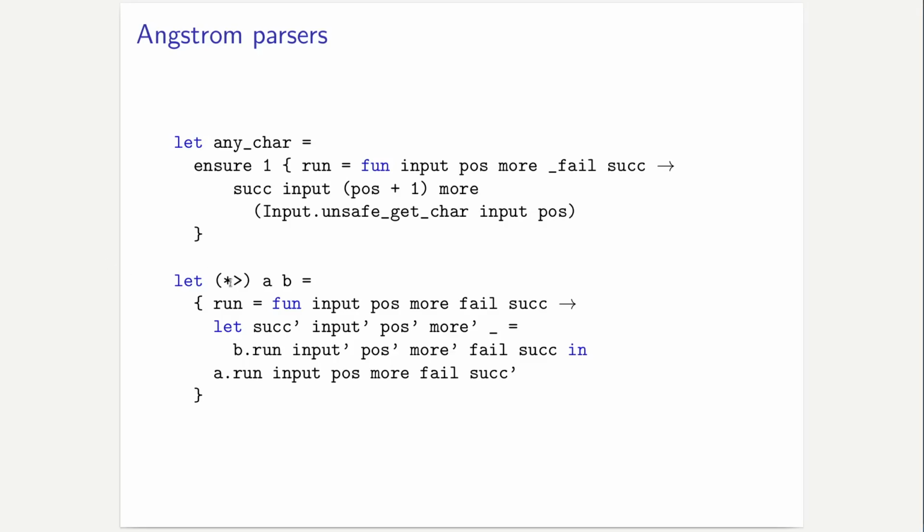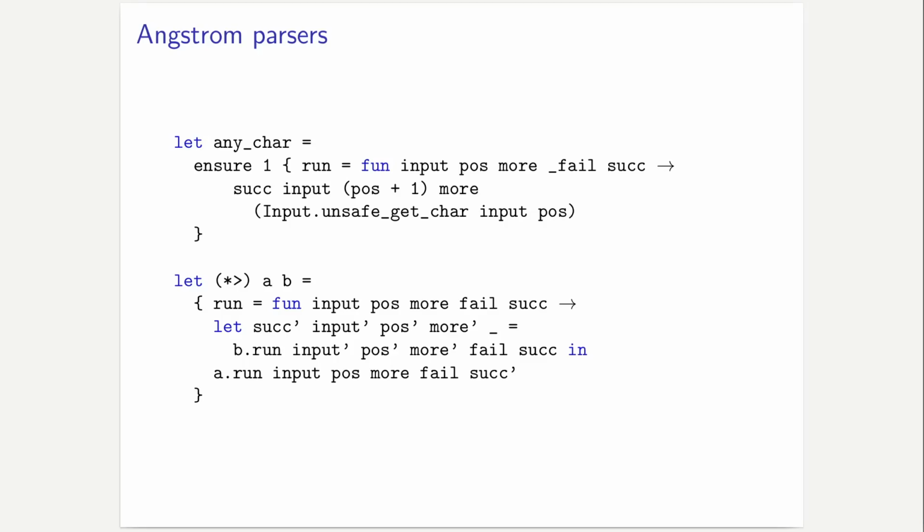And in the case of the right star combinator, we run A with a modified success continuation, which discards the parsed character and then runs the B parser. We could have made this code look a bit nicer using a monad, but that would also have a slight performance cost, so Angstrom writes everything in this callback style.